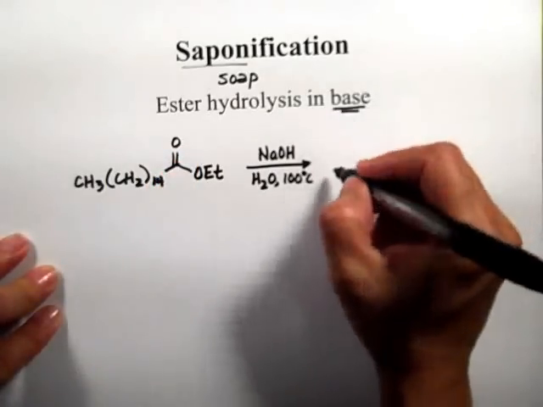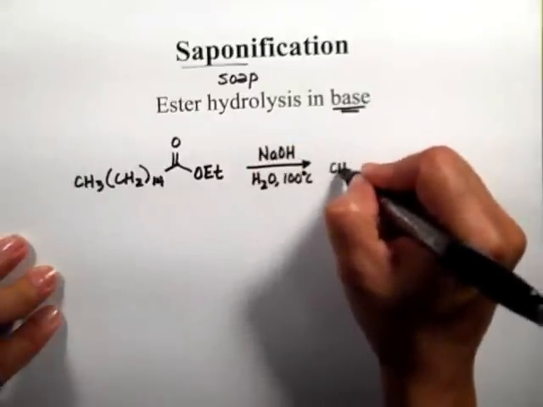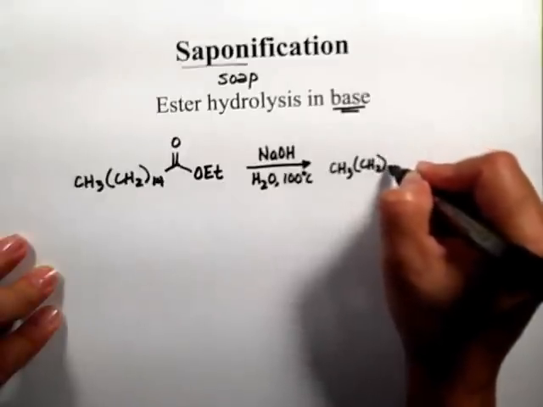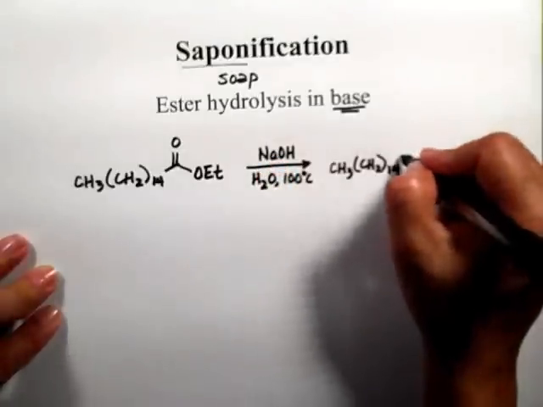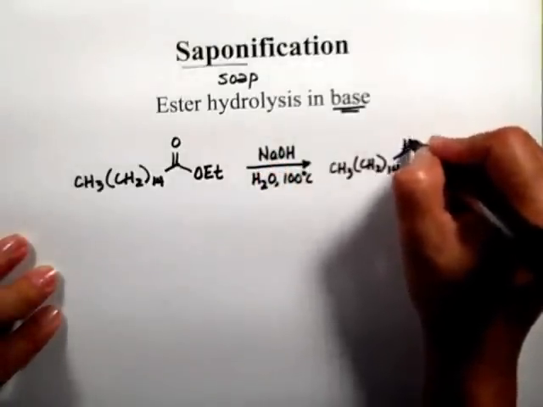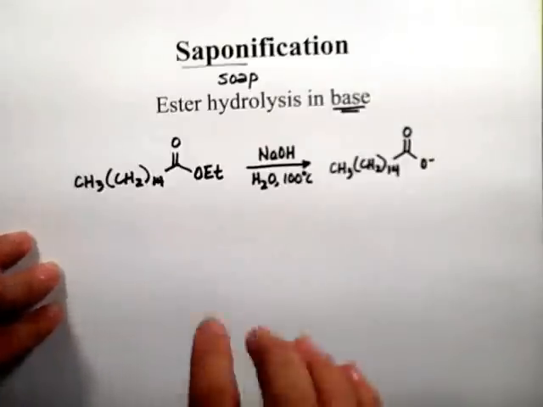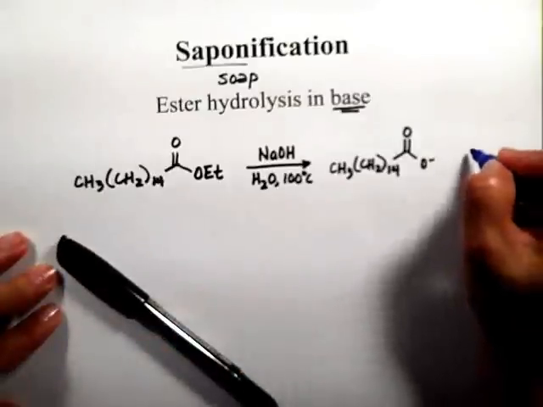So this side would give us the carboxylic acid, but we won't be going straight to the carboxylic acid because we're under really strong basic conditions. So we don't get the carboxylic acid, we get the carboxylate. And this side is just going to form the alcohol.